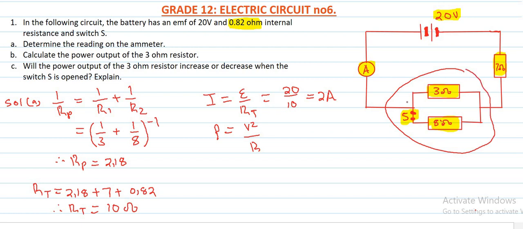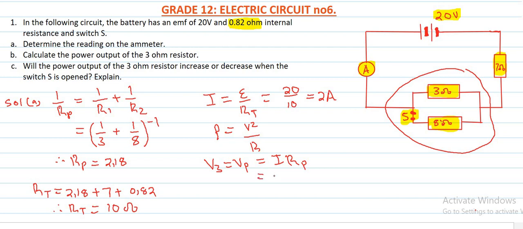We know that the voltage in a parallel circuit is the same, meaning the voltage through the 3 ohm and the voltage through the 8 ohm resistors are the same. So the voltage that flows through the 3 ohm resistor will be the same as the voltage that flows through the parallel circuit. And voltage is given by the current multiplied by the total resistance in parallel.